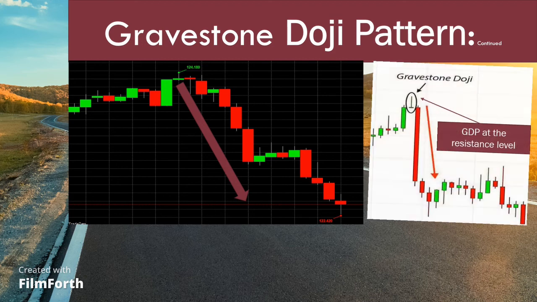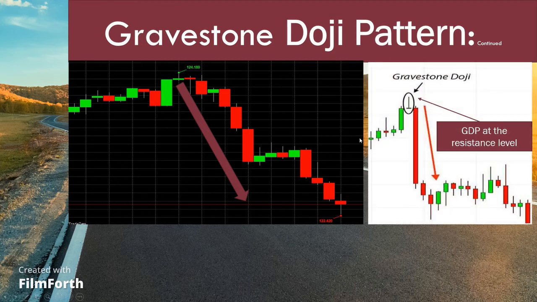Or if you look at another chart, the market was going up, so the market came up to this level, and at the top of the trend, a Gravestone Doji occurred, which is at the resistance level, and then that pattern, the Gravestone Doji pattern, changed the market direction to a downtrend market, a bearish market.